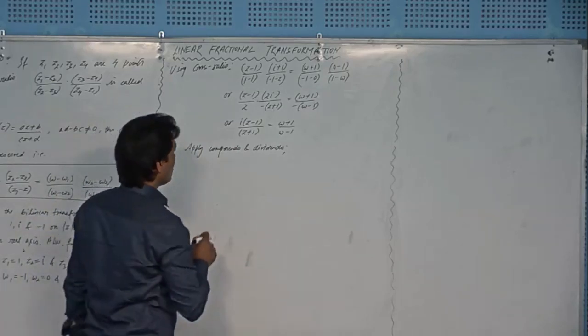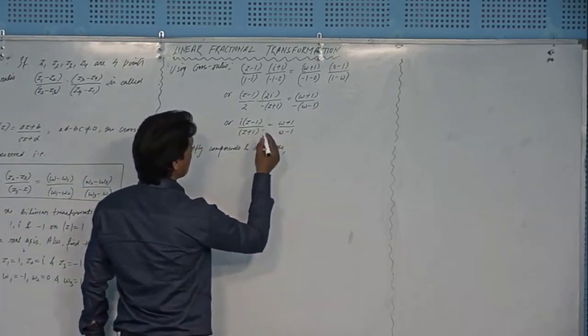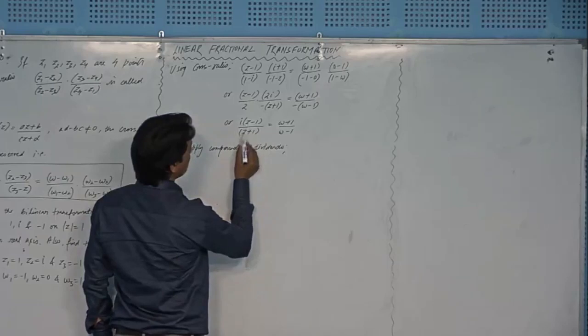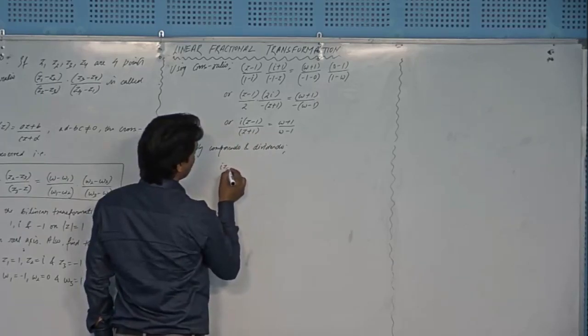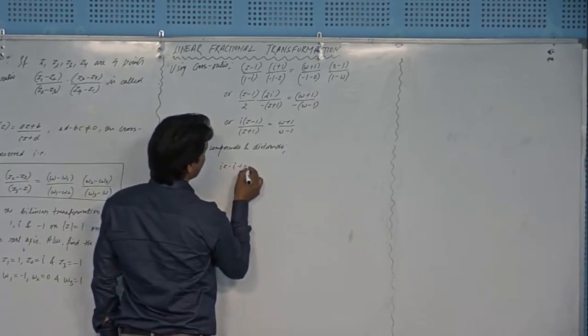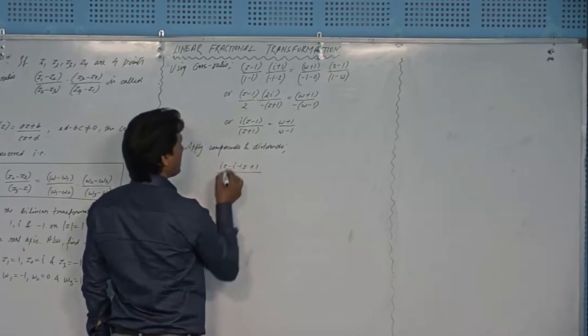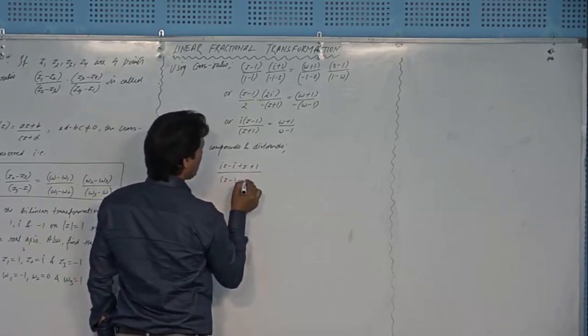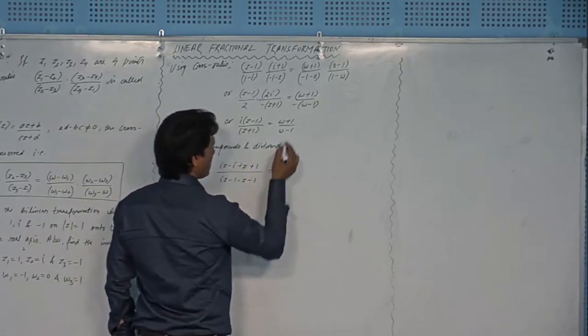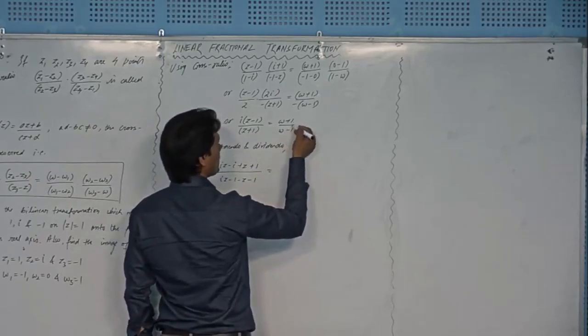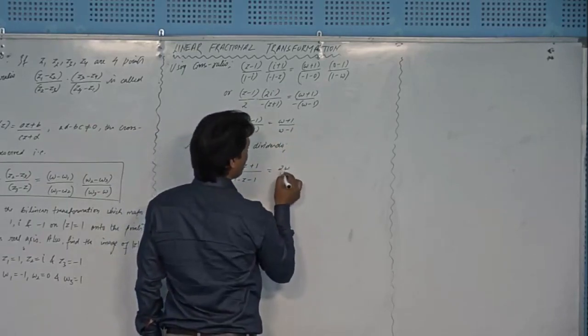That is also possible. So on applying componendo and dividendo, I will get here iota z minus iota plus z plus 1, and iota z minus 1 minus z minus 1, and here I will have this plus this, numerator plus denominator will produce 2w, and this minus this will produce 2, right?